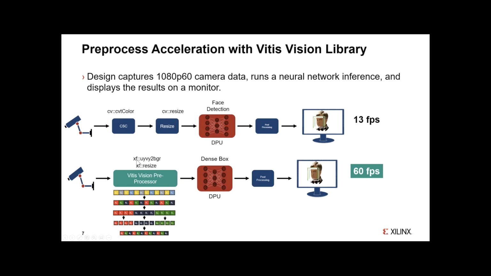So in order to accelerate these, we used the XF namespace, which is the Vitis Vision library, and we used the UIVY to BGR function, and the XF resize function took the output of that and converted it to the proper format for the DPU. And we were able to boost the performance of this from 13 to 60 frames per second. And you can see these two functions really operated in a streaming fashion. So the output of UIVY to BGR went directly to resize, and the output of that then went to memory for the DPU to operate on it.